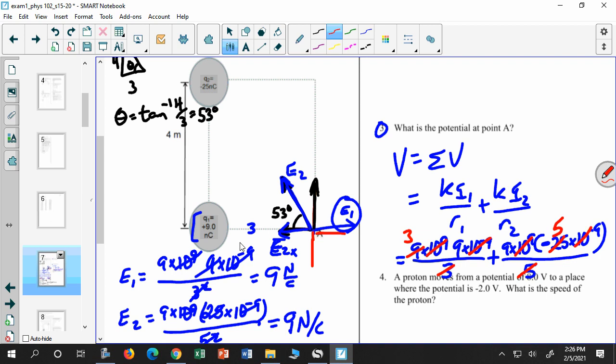Whatever this is, it's equal to 27 minus 45, which is minus 18 volts.